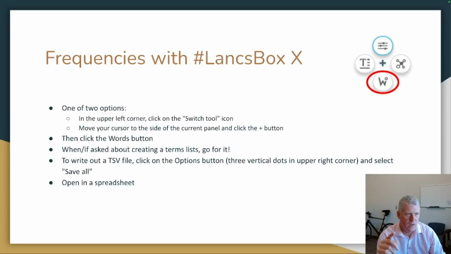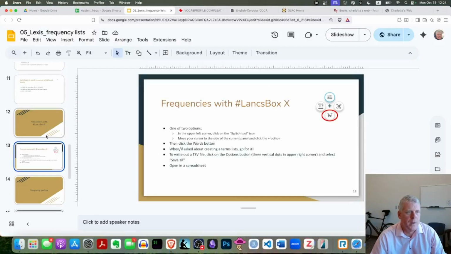You say yes, go for it. You can write out to a TSV. TSV stands for tab separated values. What that means is that each column will be separated by a tab, so when you import it to a spreadsheet, it knows what to do with it. By clicking on the 3 vertical dots in the upper right corner and selecting Save All, you can open it in a spreadsheet. Let's try that.